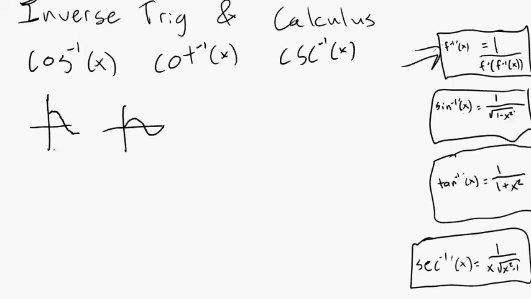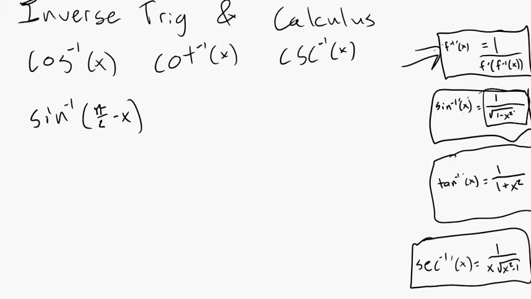So you can rewrite cosine inverse of x as sine inverse of pi over 2 minus x. And then to find the derivative of cosine inverse of x, you could just find the derivative of this, which surely you'll agree is the same as the derivative of sine inverse of x times the inner derivative, which is just negative 1.